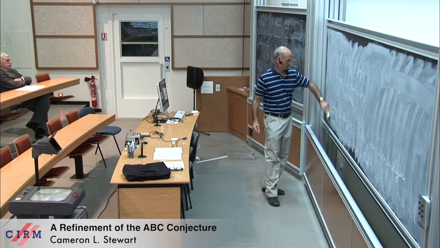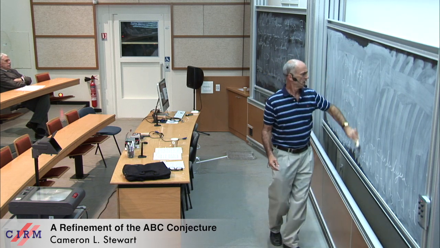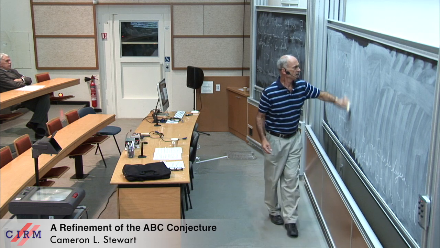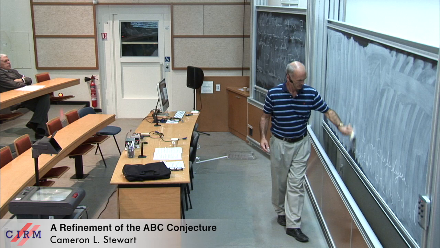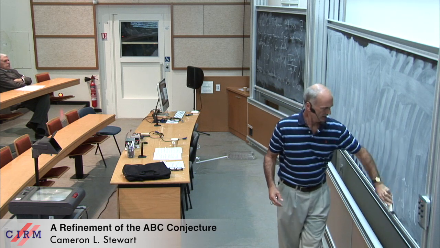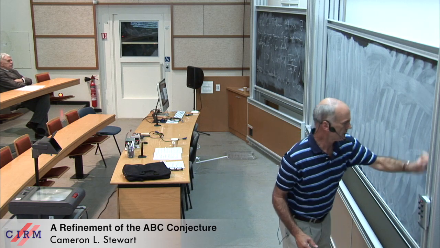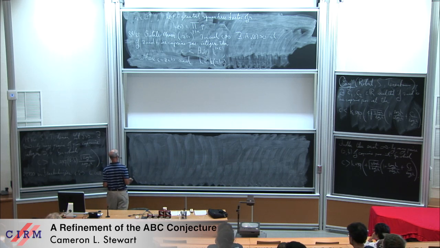Of course, it's natural when one has a conjecture like the ABC conjecture to do some testing, to do some numerical work and see what stares us in the face. And the very first thing people did was try to see if the exponent 1 was the correct exponent, or 1 plus epsilon.